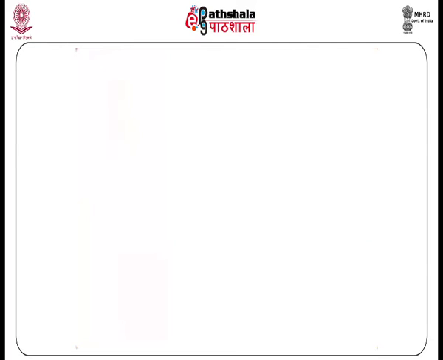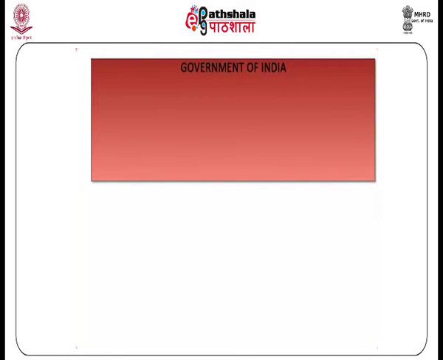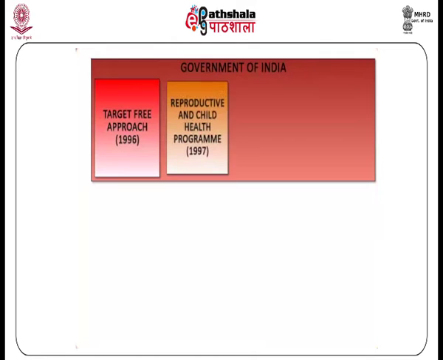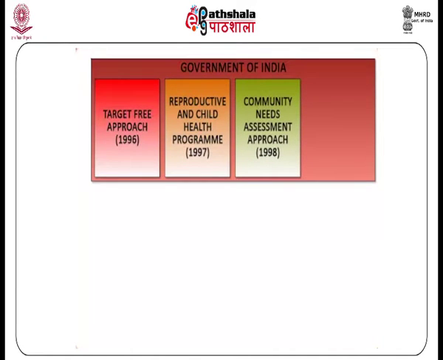So henceforth, the Government of India introduced the Target Free Approach in 1996, the Reproductive and Child Health Program in 1997, the Community Needs Assessment Approach in 1998, and finally the National Population Policy 2000.